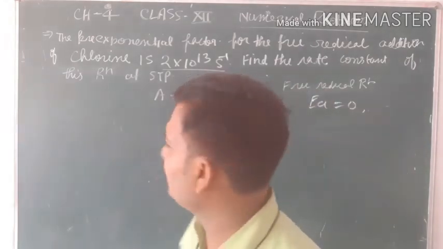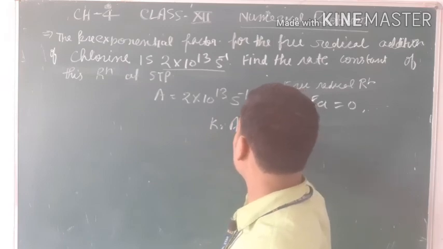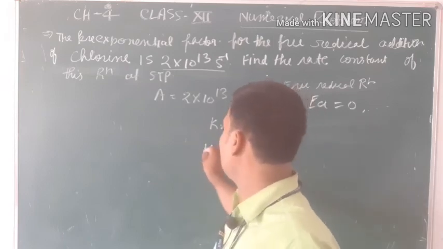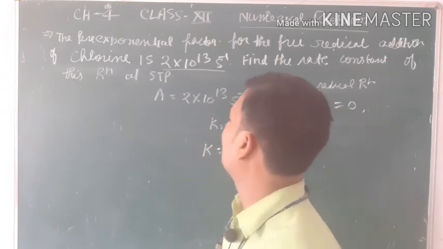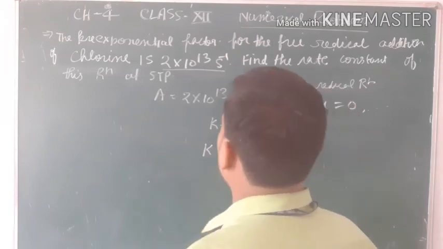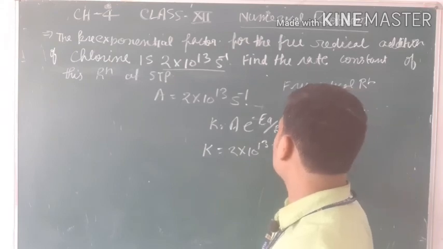So now on putting the value, k is equal to A e to the power minus Ea upon RT. So now k is equal to 2 into 10 to the power 13, e to the power minus 0 upon RT.